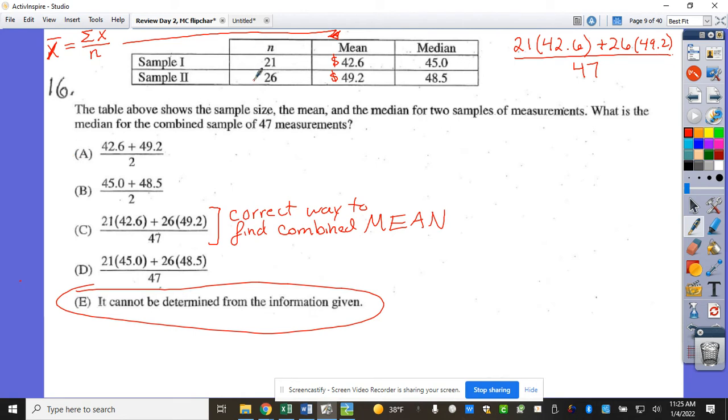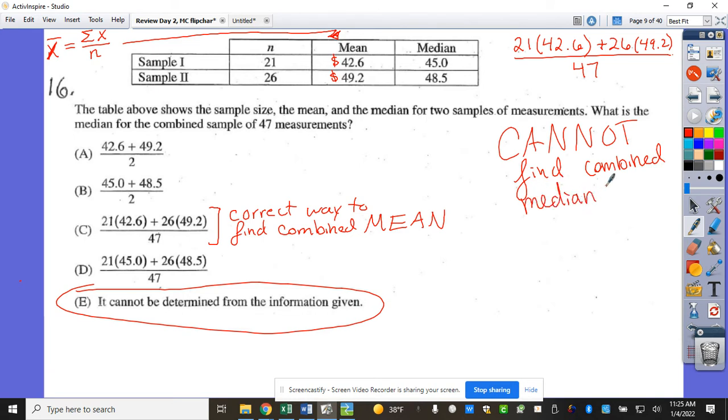Because they're different sample sizes, so you have to have it proportional to the size. So you would need the actual data in order to find the combined median.